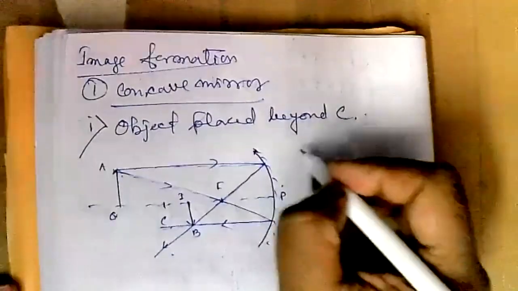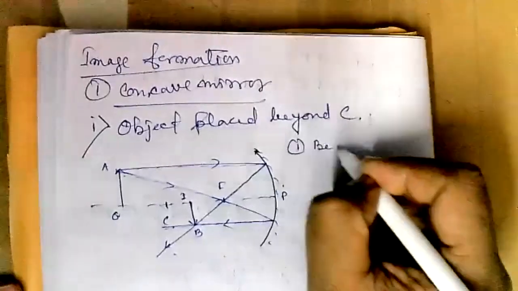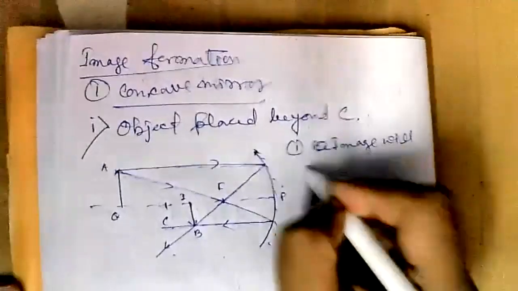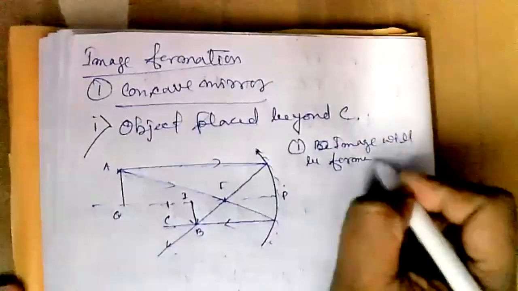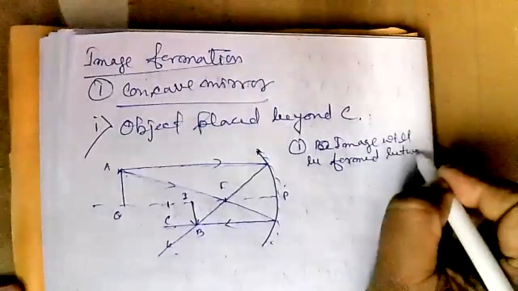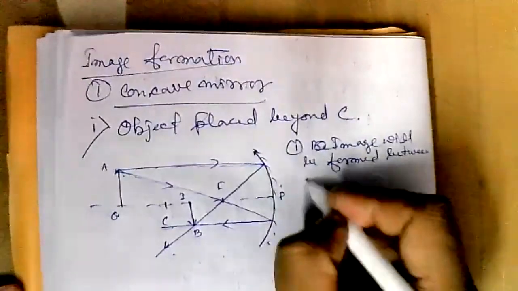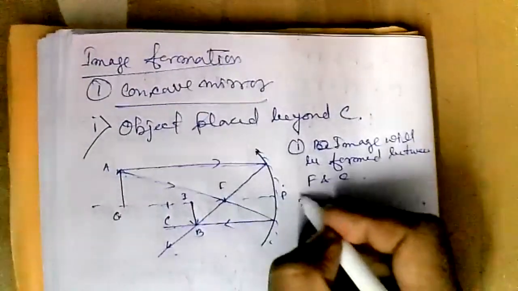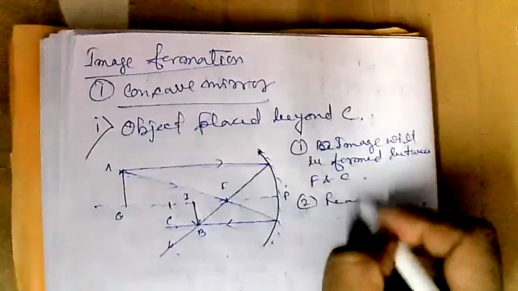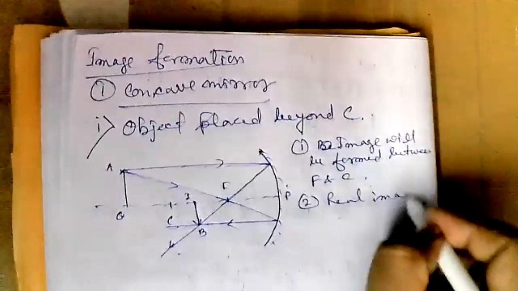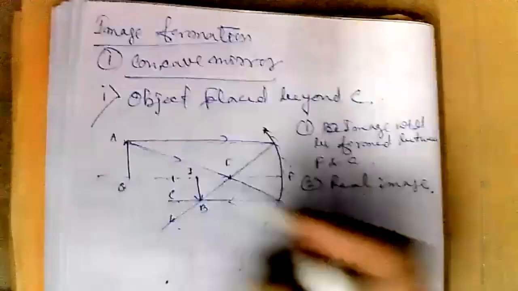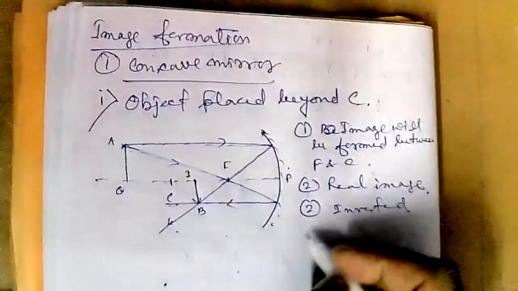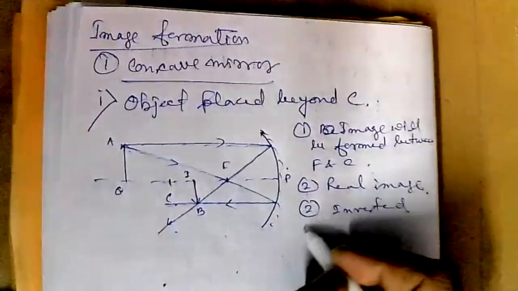So where will the image be formed? The image will be formed between F and C. Secondly, it is a real image, as the rays are actually meeting, but inverted and diminished in size, smaller than the object.